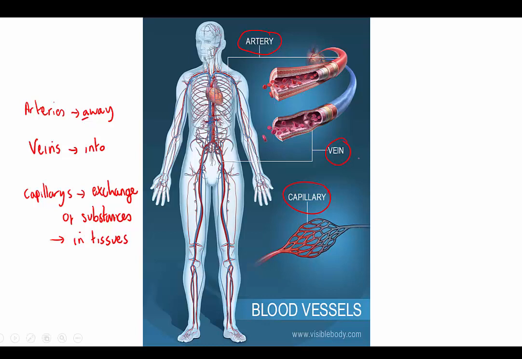So here you can see in the body, we've got the heart right in the center, and then we've got little blood vessels that go out, so they're the red ones. You can see that they go all over the body. We've got the big aorta, which goes down the center of the body here, splits off into the two legs, and that's shown with the little red blood vessels here.